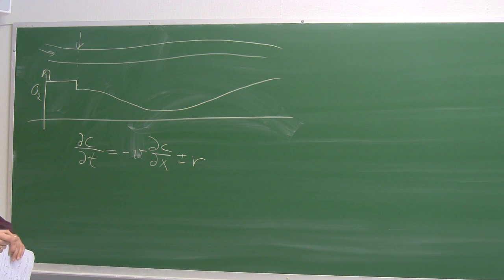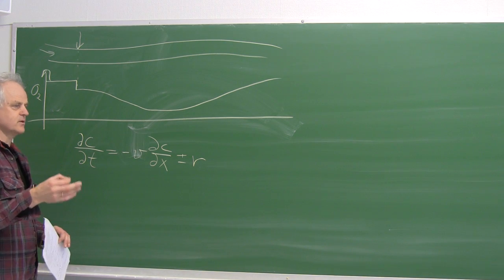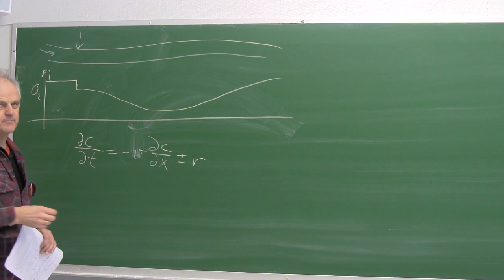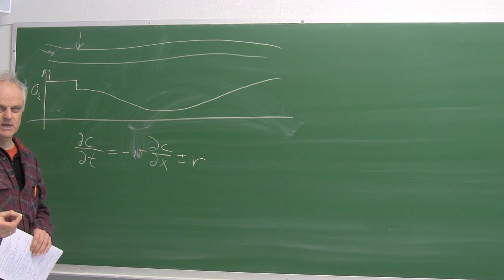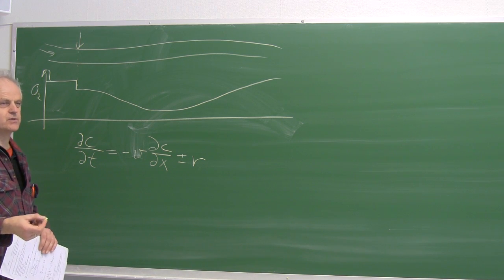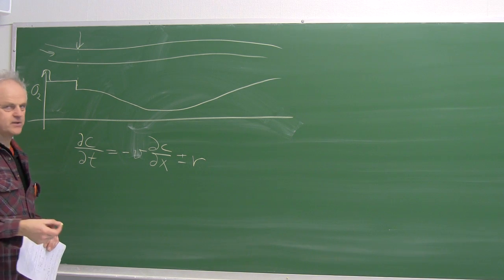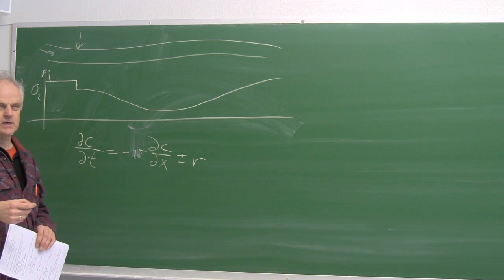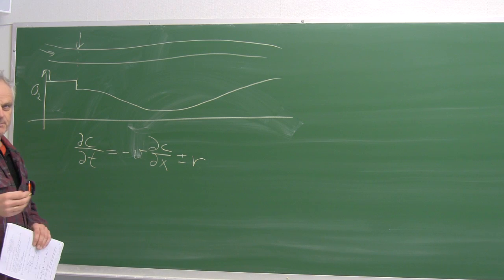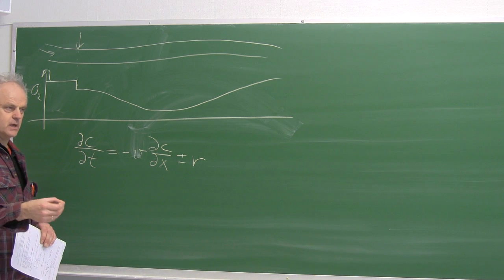The most important maybe, but also the most useful in terms of water treatment in general, is aeration, because aeration is something we use in bioreactors and in other processes. So we know a bit about how to model aeration.